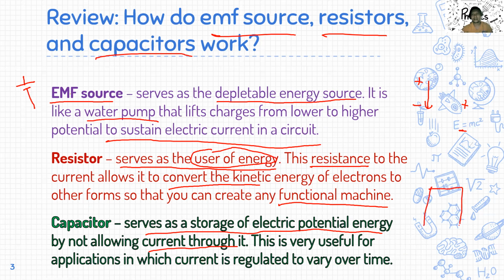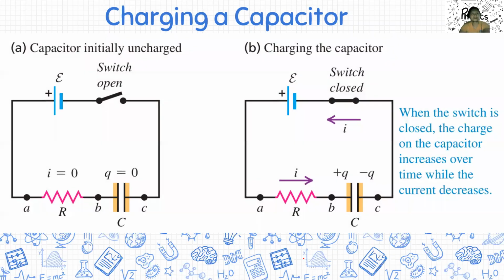What happens right after that is charges will reside on the edges. This is very useful because there are applications in which we want the current to vary over time. For example, a pacemaker for your heart uses this. And in most appliances, to regulate the current flow, you need a capacitor.